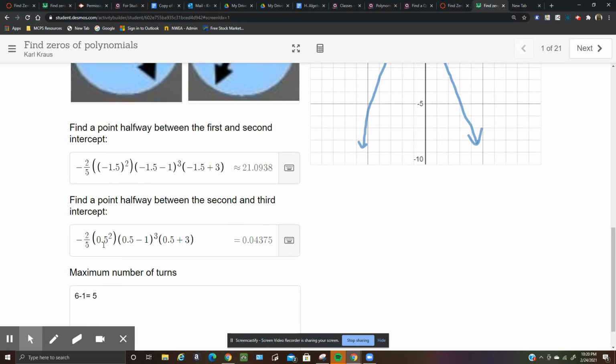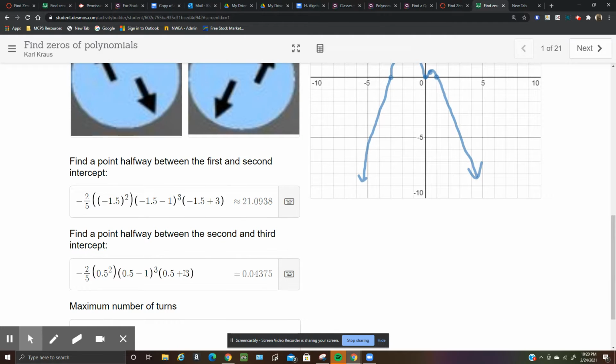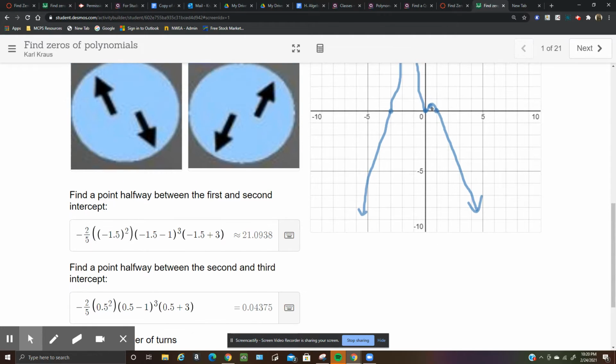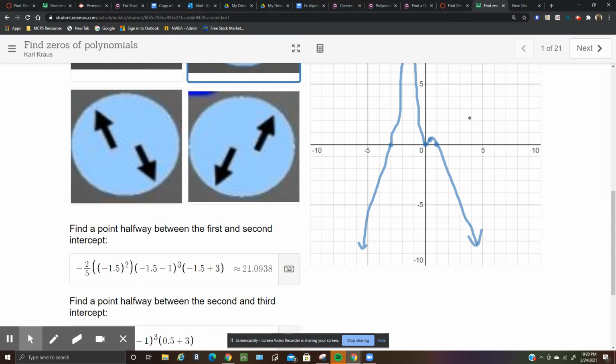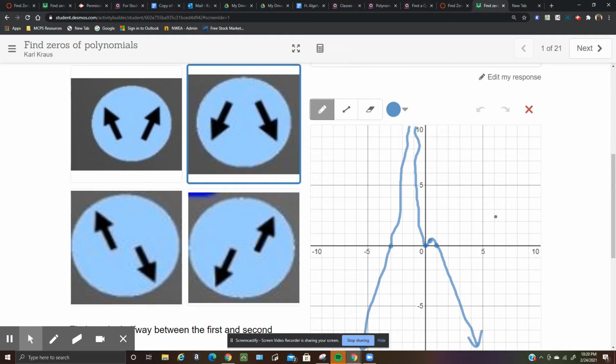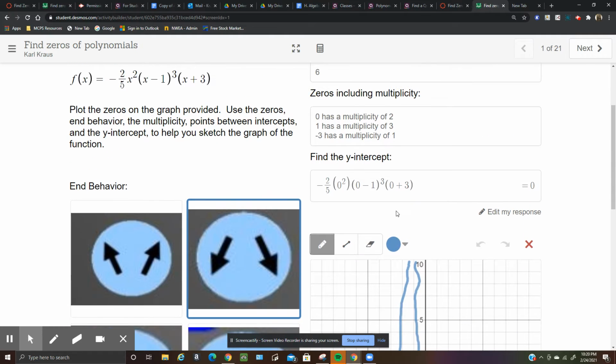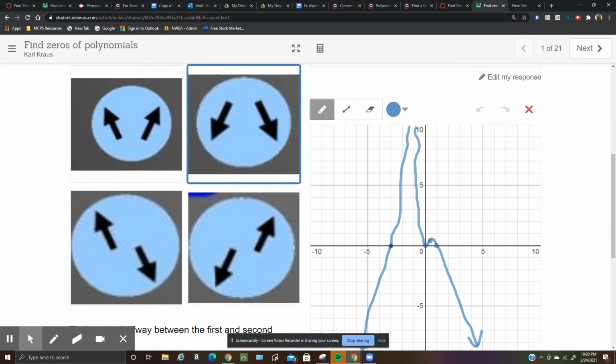And then halfway between 0 and 1 is 0.5. Plug that in. At this point here, both ends go down. And then multiplicity of 1 for -3, so it crosses like a line.